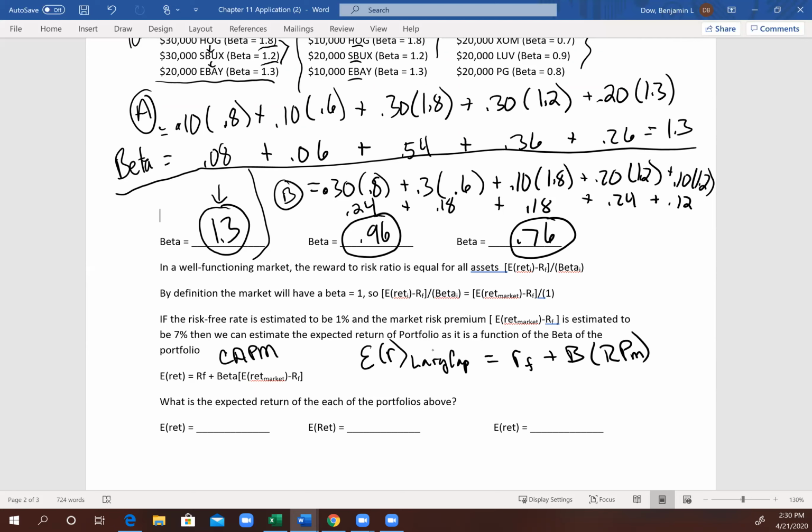So what we can see, if the risk-free rate is 1% and the market risk premium is 7%, then large cap stock portfolio A would have an expected return of 10.1%.